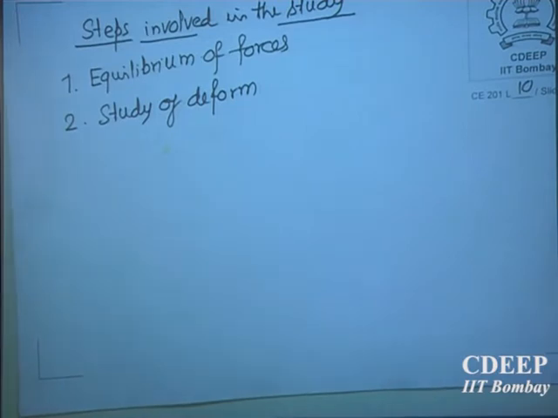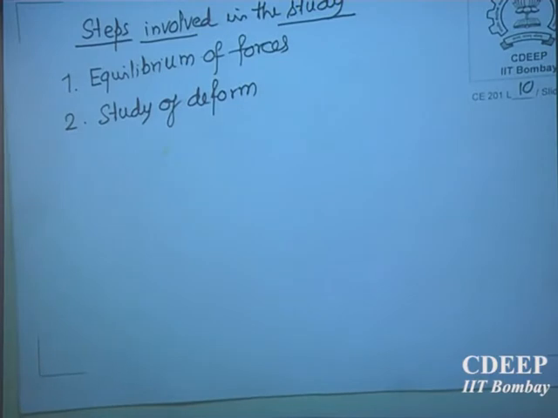For example, if I draw a line on the external surface and hold one end and twist the other end, you can see the line has got deformed.